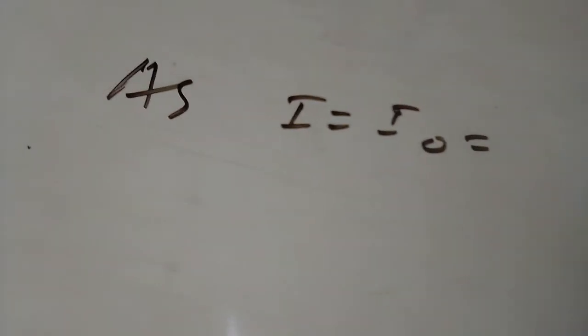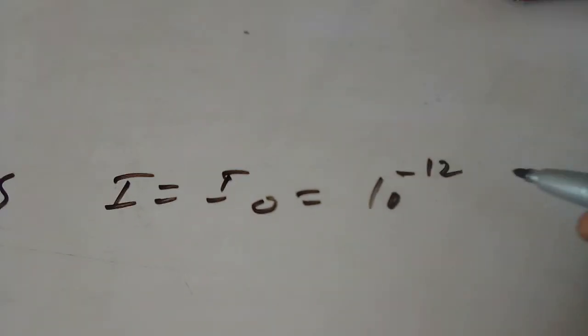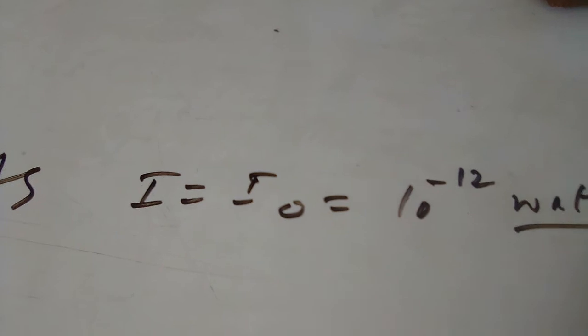As we know, the intensity of the faintest audible sound, I equal to I naught, is 10 power minus 12 watt per meter square.